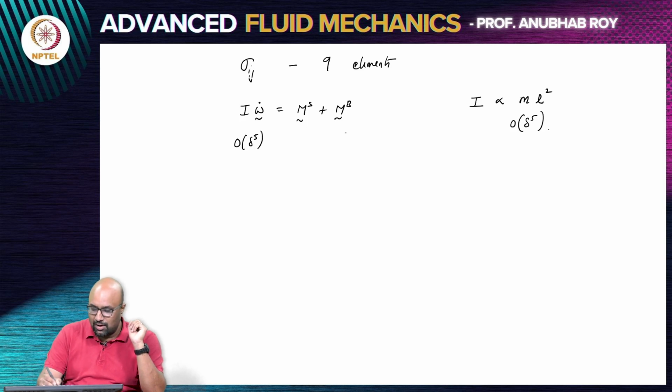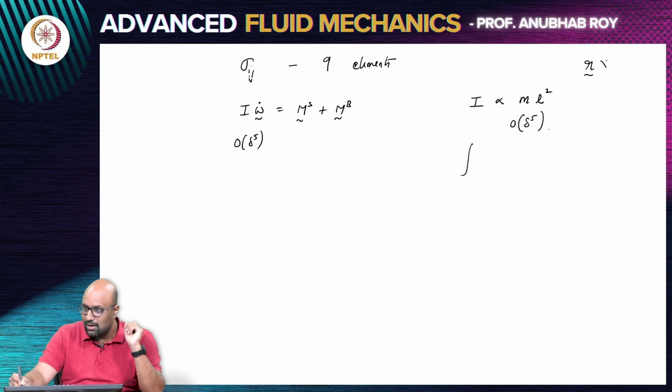Now for the bulk contribution to the moment, we have to do a volume integration. If you were just doing a point mass about a particular point, the moment would be R cross F. But this is not a point mass, it's an extended mass. So we need to do R cross the force per unit volume, rho dV.